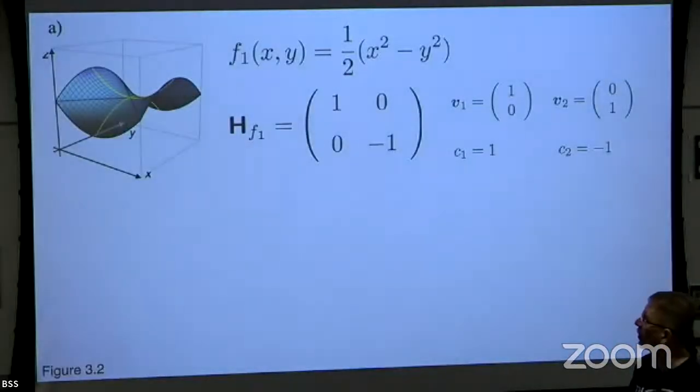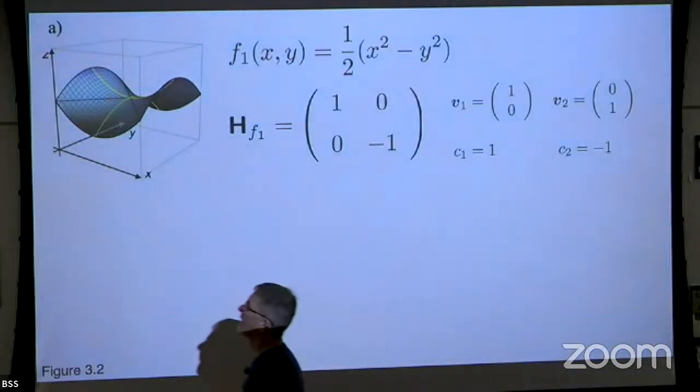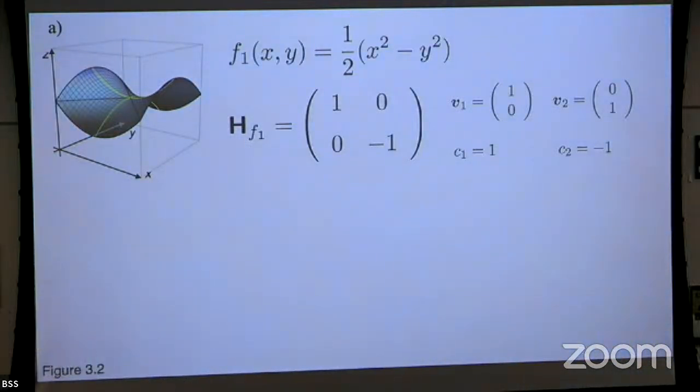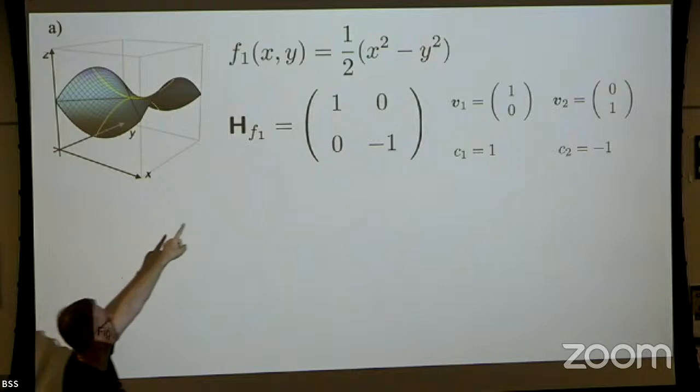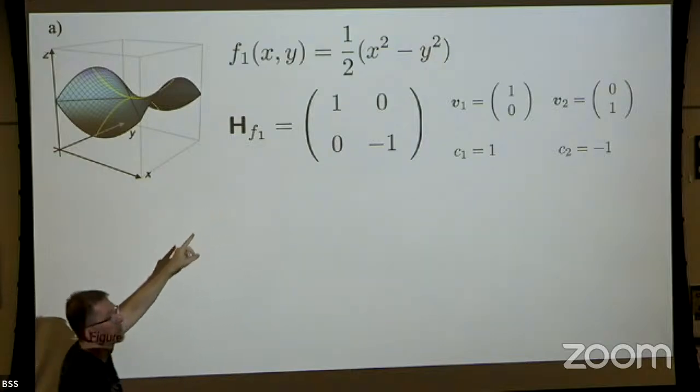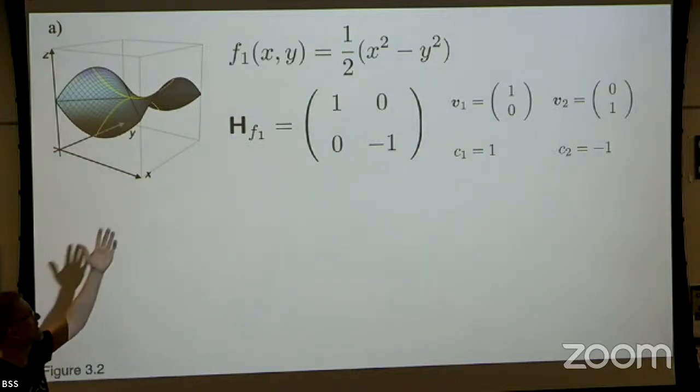And let me turn this on. So here's the surface. And I just picked something very simple, quadratic. So my surface f1 of x and y is a half x squared minus y squared. And it kind of looks like this kind of potato chip. I can calculate the Hessian of this. I have to do second derivatives. The second derivative with respect to x twice, which is the upper left element, is just 1. 1/2 x squared twice differentiated with respect to x is 1.